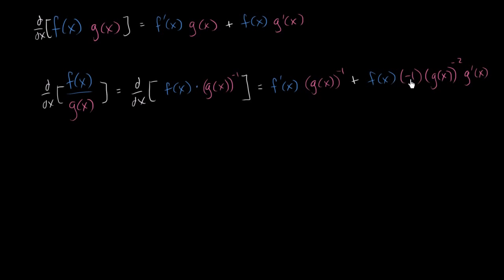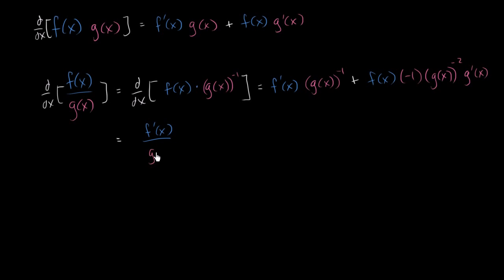Now, this is not the form that you might see when people are talking about the quotient rule in your math book. So let's see if we can simplify this a little bit. All of this is going to be equal to, we can write this term right over here as f prime of x over g of x.